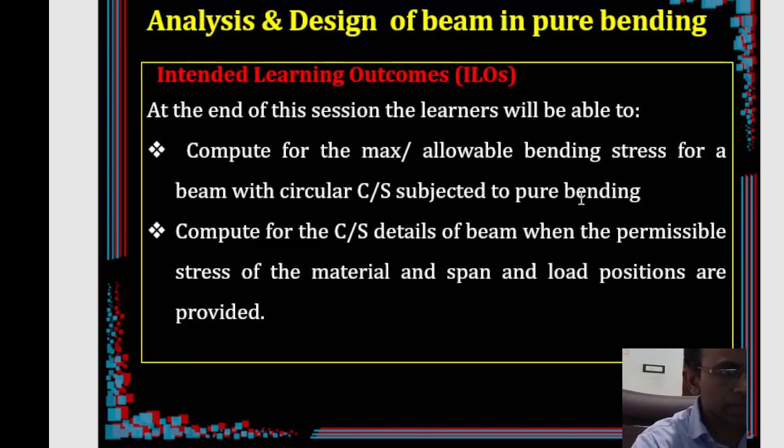At the same time, you will also be in a position to compute the cross sectional details for a beam when the permissible bending stress of the given material is known to you, as well as the span and loading positions.